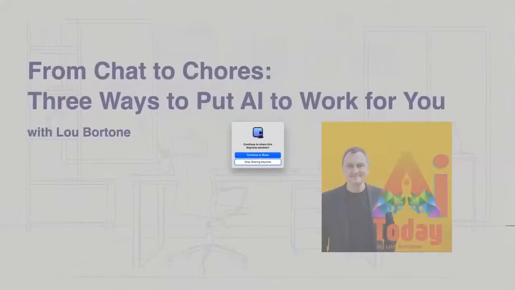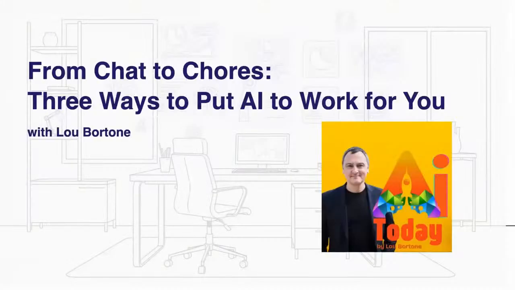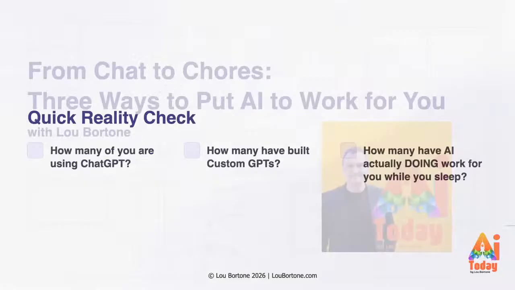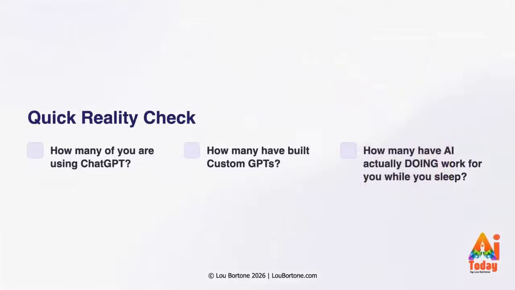I'm calling this From Chat to Chores, 3 ways to put AI to work for you today. Now I don't know how many of you watching this have been using ChatGPT, probably everybody, or how many have been making custom GPTs within ChatGPT versus how many have AI actually doing the work while you sleep.